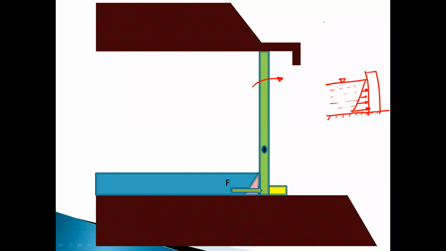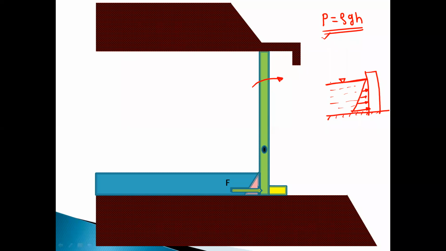Okay, so there is one hydrostatic equation which is P is equal to rho g h. Okay, so P is directly proportional to the height. Okay, so as the depth increases, the pressure will increase.